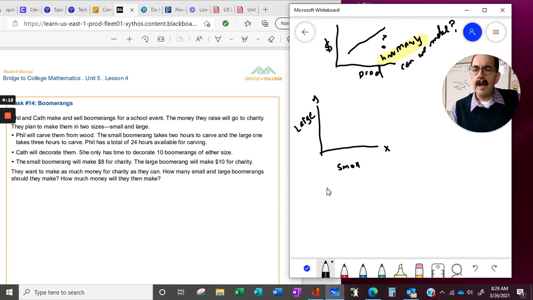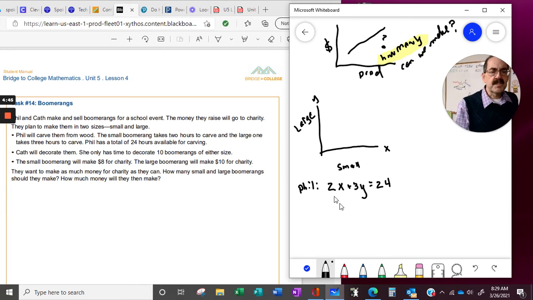Phil has 24 hours for carving. 2 hours to carve the small, so 2x, and 1 large takes 3, plus 3y, in the 24 hours. So we would start with this, and we want our intercepts.